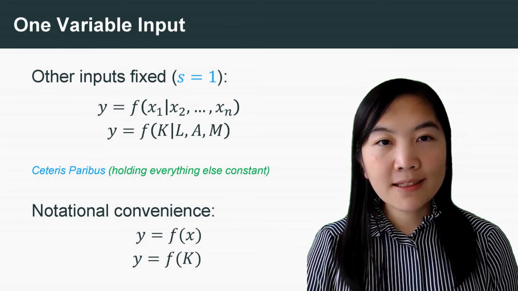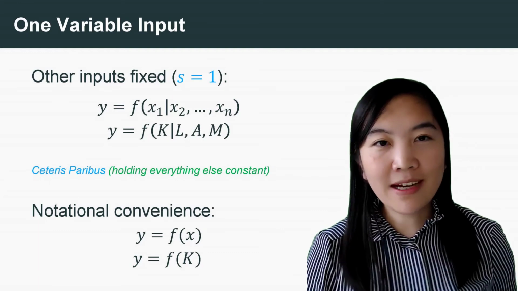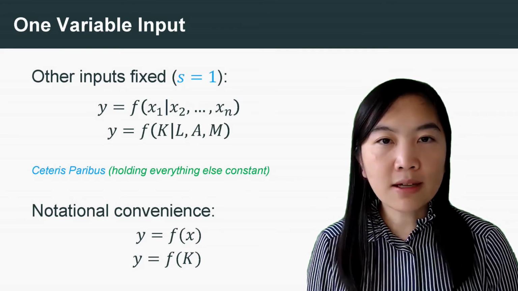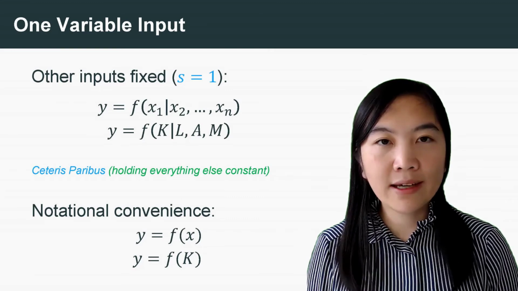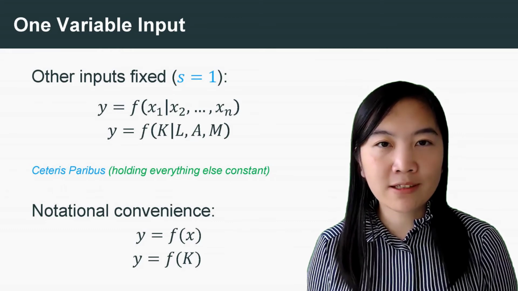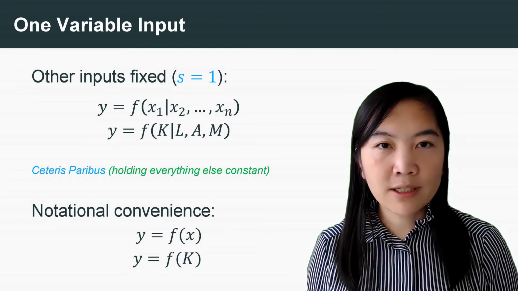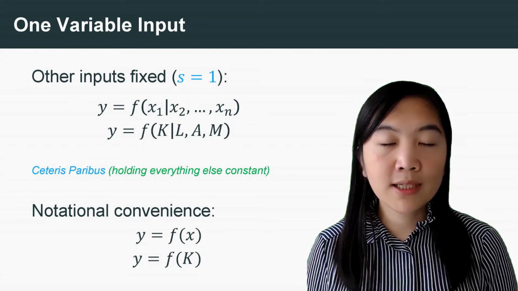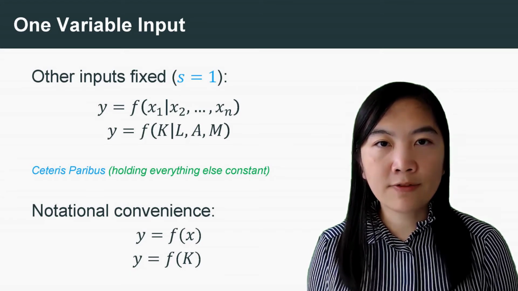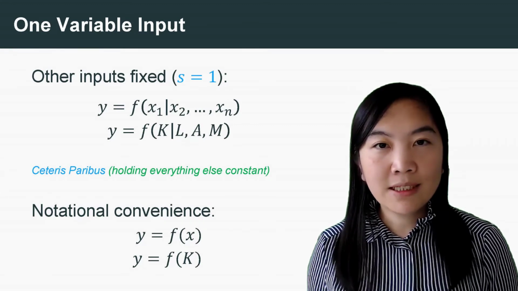Here I'd like to introduce an economic term called ceteris paribus, which means holding everything else constant, and it's relevant to this 1 variable input short run production function. For example, in the first equation, y equals f of x1 conditional on those other inputs, we are holding x2 until xn constant.